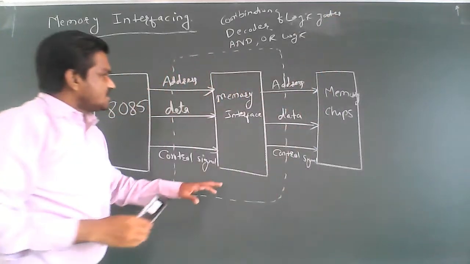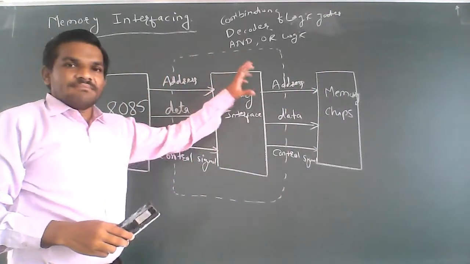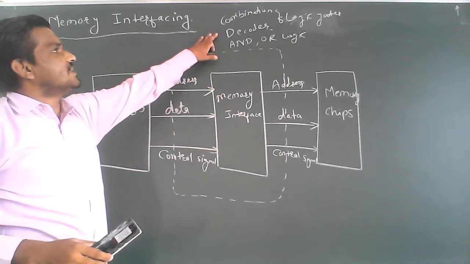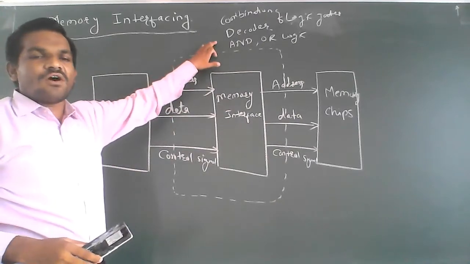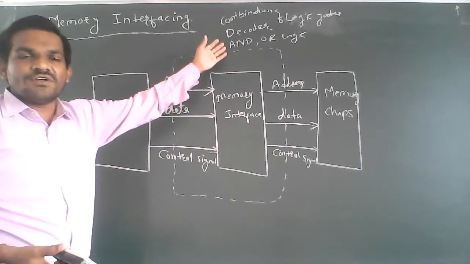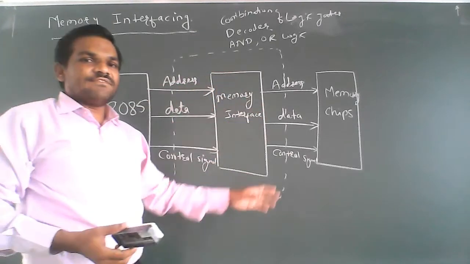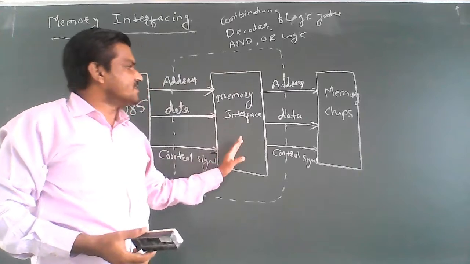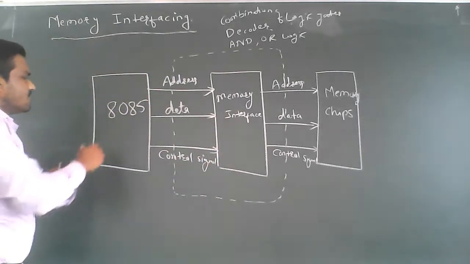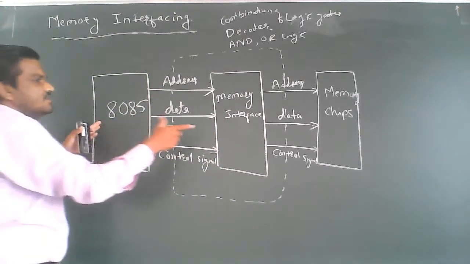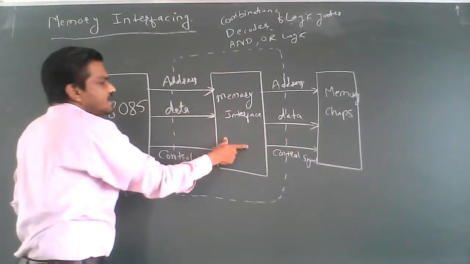This memory interface is basically a decoder circuitry. Your system designer will decide what the memory interface will be. But remember, whenever we want to connect the 8085 with memory chips, we require memory interfacing.